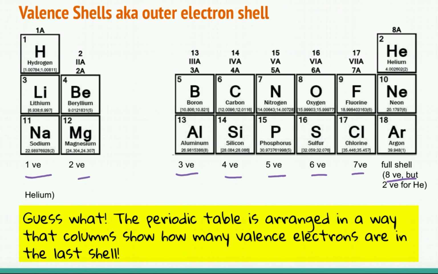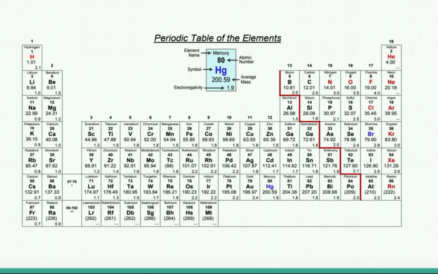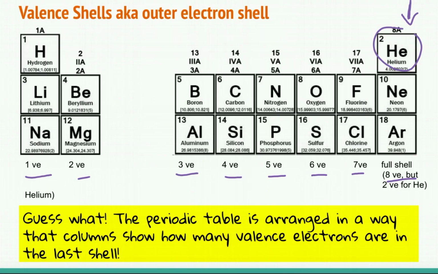Okay? Or 2 if you're helium. Basically, this last column represents atoms that have complete full valence electron shells. This middle zone is weird, so we're going to ignore that in terms of valence electron shell prediction numbers. So just a heads up.